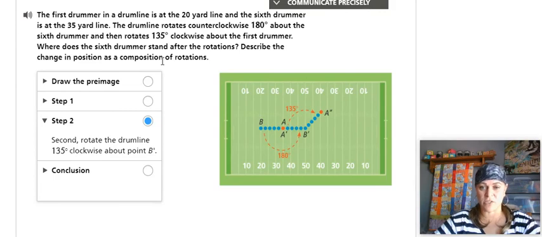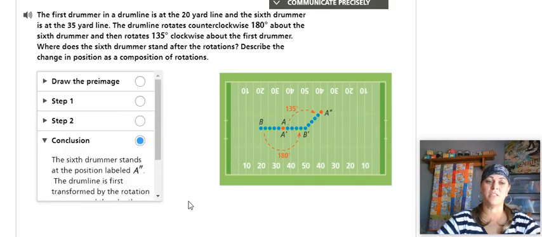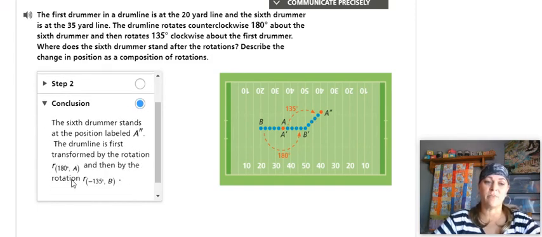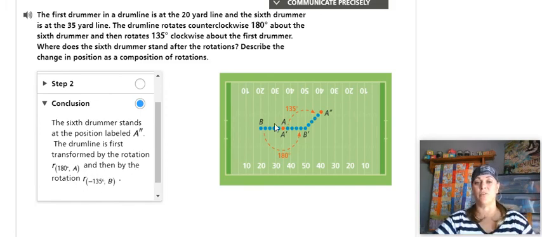Do you remember where the sixth drummer was? And where did the sixth drummer end up? The conclusion says the sixth drummer stands at the position A double prime, by a rotation and then another rotation. So basically they just explained first they rotated, then they rotated again.